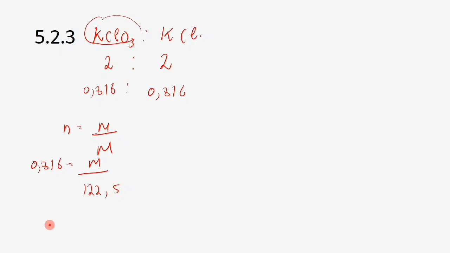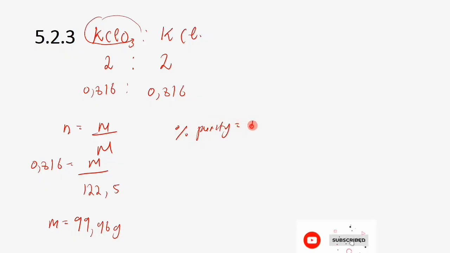Then cross multiply here, it's m, and then we have 0.816 multiplied by 122.5. This gives us 99.96, so we have 99.96 gram.